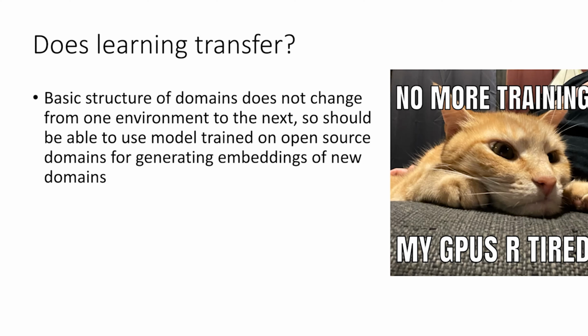You might have a different computer naming scheme, different network layouts, different set of binaries present. When you're looking at something like domain names, they really don't change all that often. The overall distribution of potential domain names and how they're structured linguistically doesn't really change. So we think that we'd be able to take a model trained on, say, a bunch of internet domains and use that somewhere else. And unfortunately, we can.